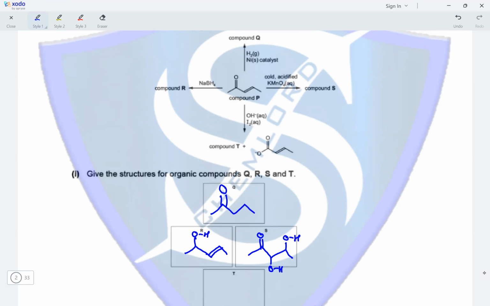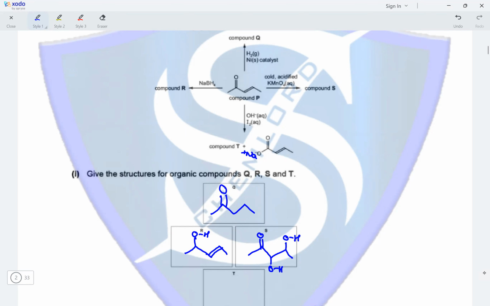And as for compound T, this is the reaction with aqueous alkaline iodine. So the product formed, which is displayed in its chemical formula, has a single bond O negative, which will be attached to Na positive. This will be the sodium salt of a carboxylic acid, and the other product formed would be CHI3.